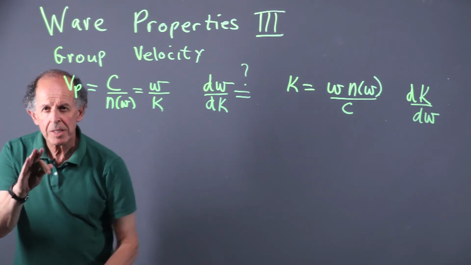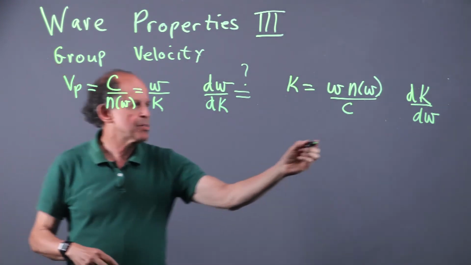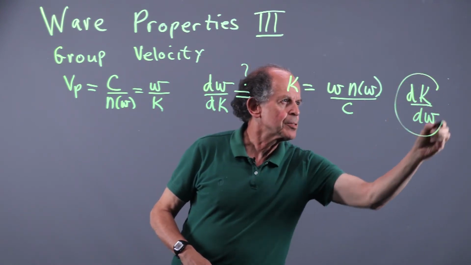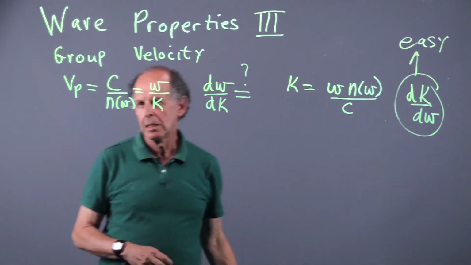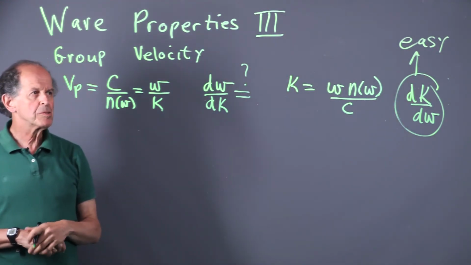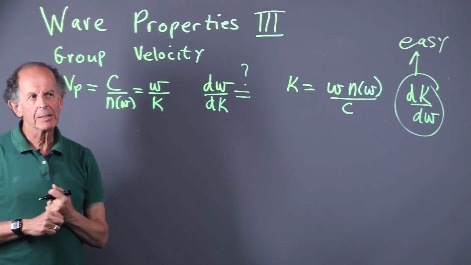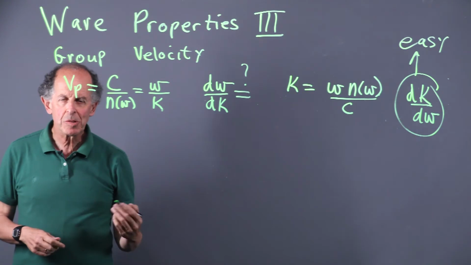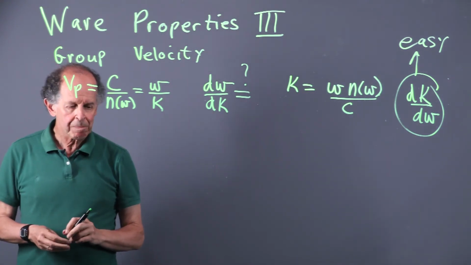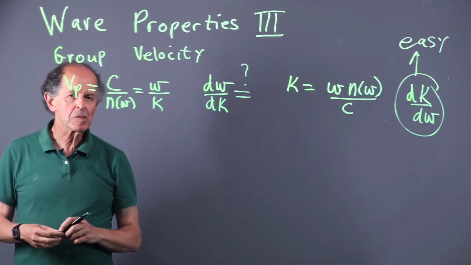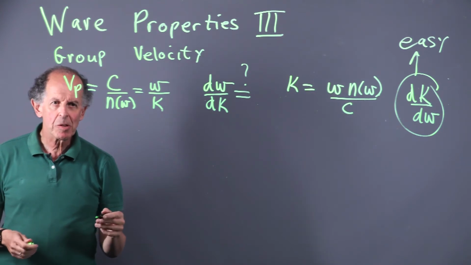So if we can calculate dk d omega, that's easy. It's just simple algebra, as you can see from the form of k, but how do you get d omega dk from that? Well, they turn out to be reciprocals, and that's something you can check in lots of different calculus books. It's like if you have a simple straight line, y equals mx, the slope is m.